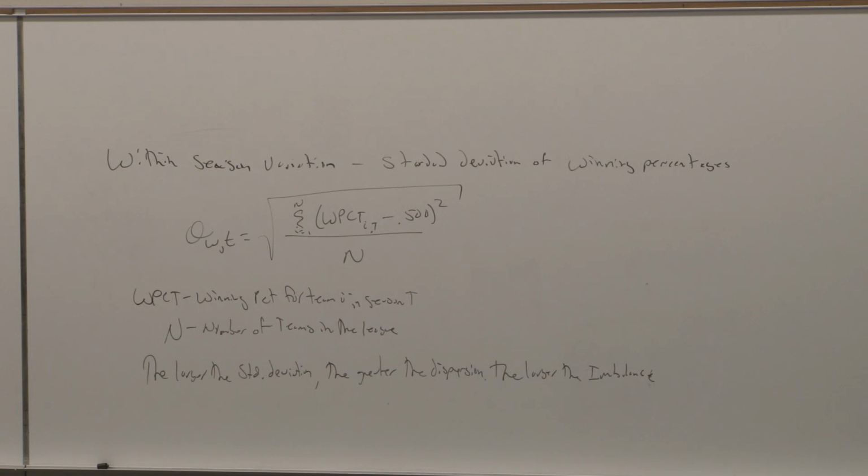If one team is at .600, remember you've got a 2-team league, then the other one has to be at .400. .600 minus .500 is positive .100, and this guy is negative .100. .100 plus negative .100 equals 0. And that doesn't make any sense, so we square that guy.